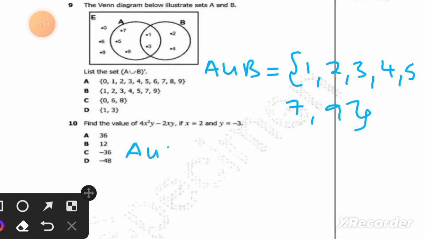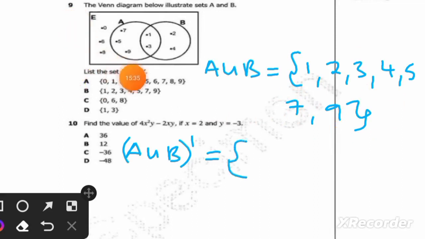Now let us also list A union B complement. So for A union B complement, we are simply looking for members that cannot be found in this group of members.